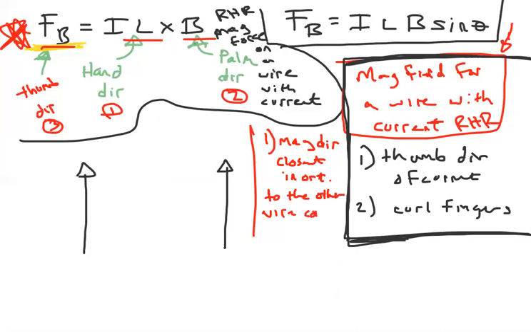Does that make sense how I'm saying that? Like, I could find the magnetic field behind this thing, but that ain't going to help me here, right? I need to find the magnetic field that's going to be interacting with this wire over here. So I need to not just find the magnetic field direction, but the one closest in orientation to the other wire that I'm trying to see is being affected by the one I'm currently finding the magnetic field for. Does that make sense what I'm saying?